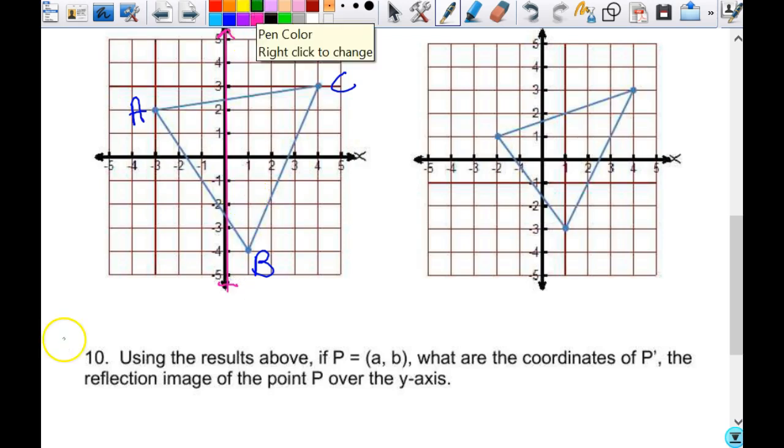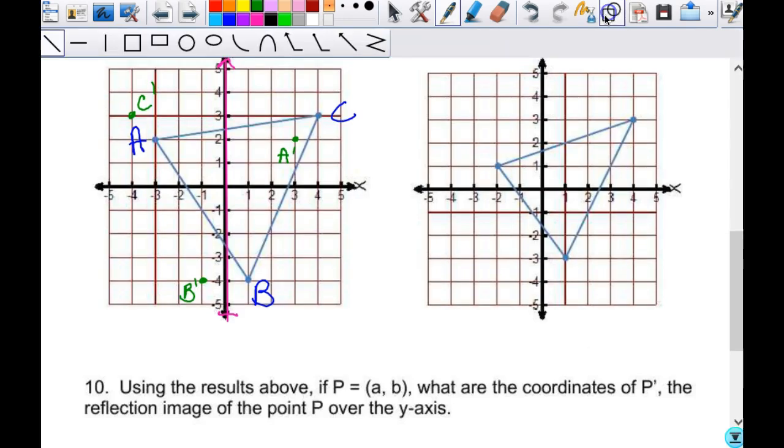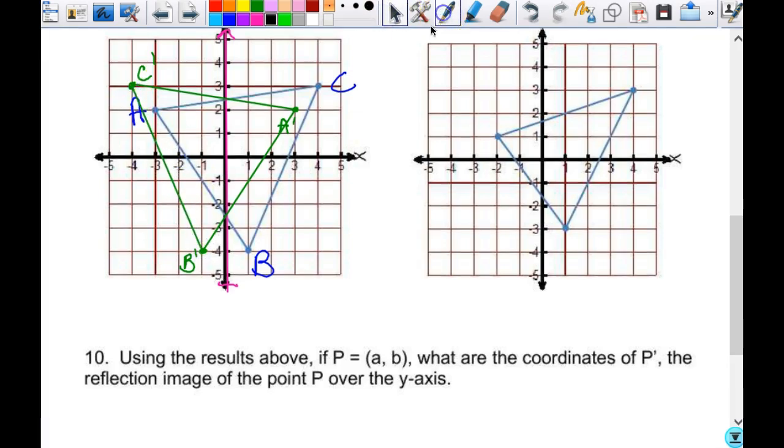And then I'm going to reflect, hopefully correctly this time. And then go ahead and do the same thing for the second graph.